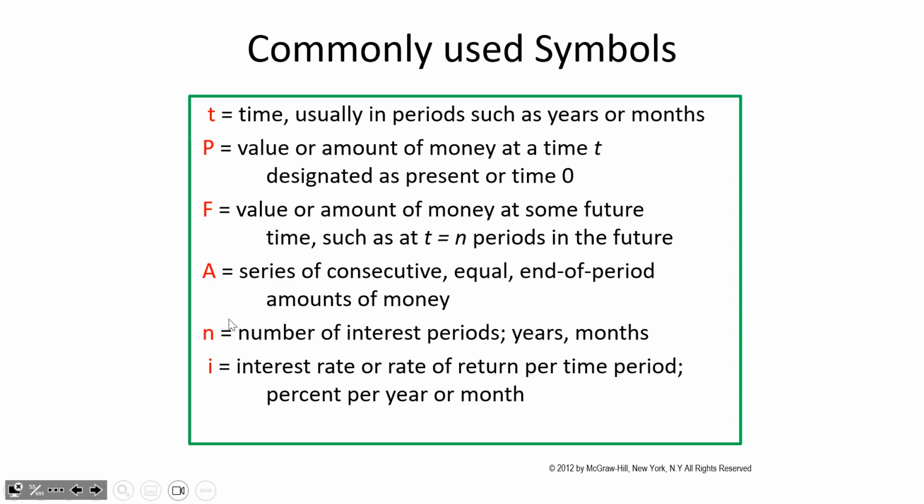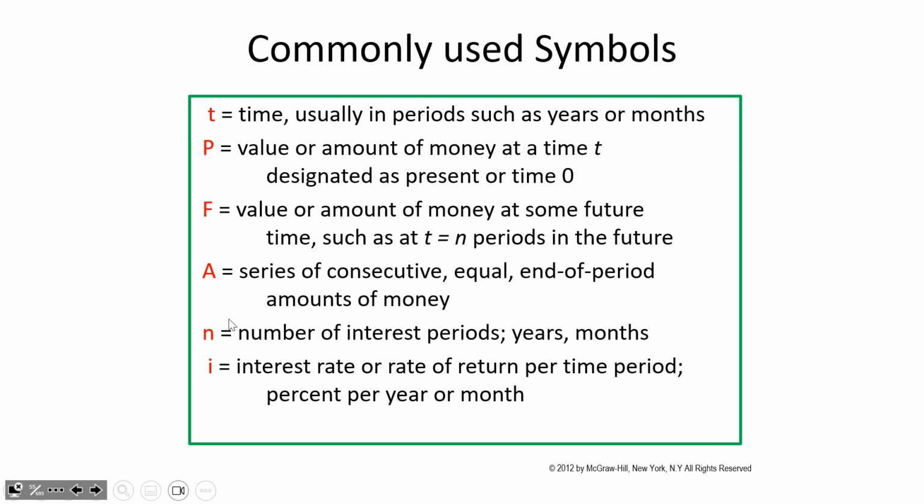So if this is 6% per year, then the interest rate per period would be 6% divided by 12, and so it would be 0.005, 0.5% per month.